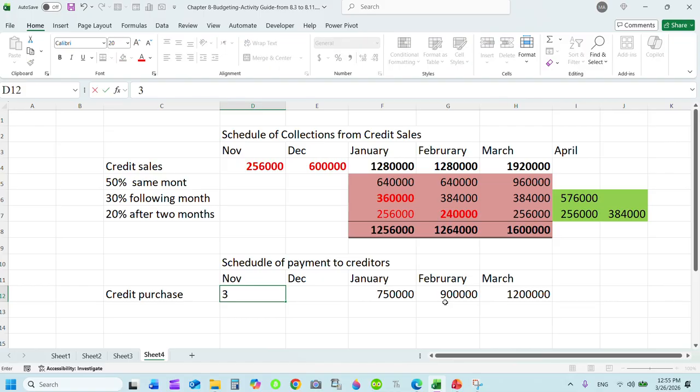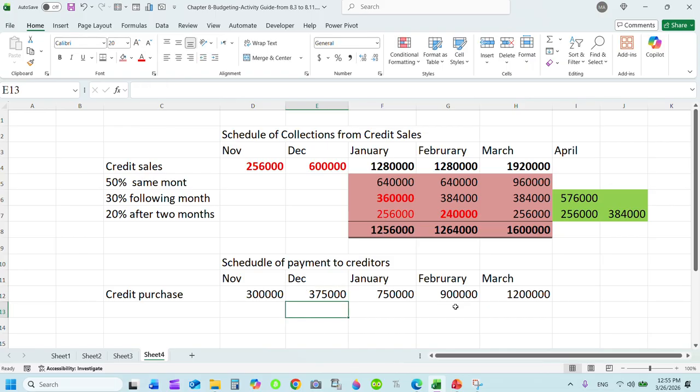November 300,000, December 375,000. So what is our policy? Our policy is, after making credit purchases, we settle after 2 months.